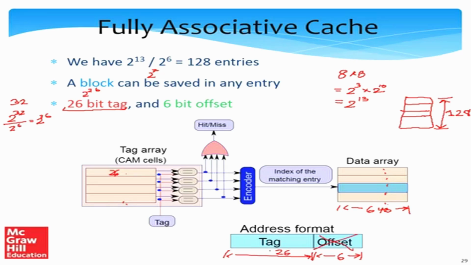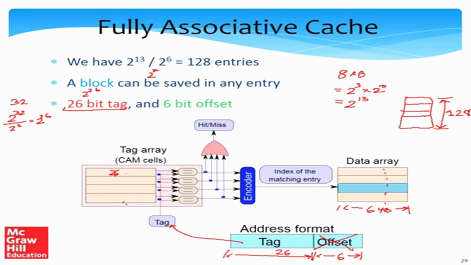We'll take the upper 26 bits, which is this tag, and compare them with each of the entries of the tag array. With every single entry of the tag array, we will compare the more significant 26 bits of the address to find out if there is a match.